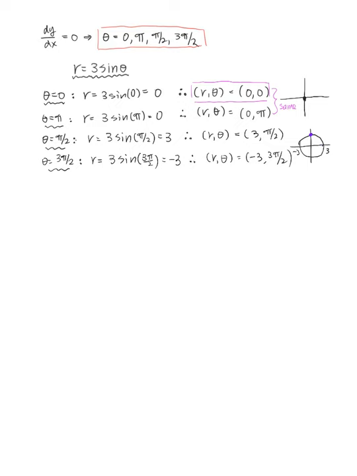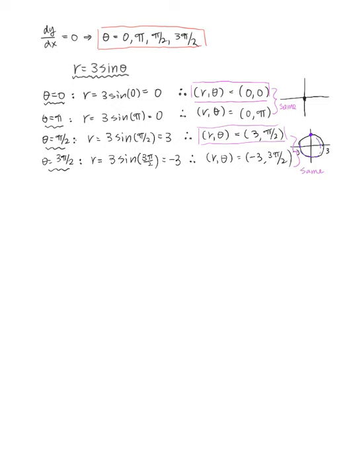Now, negative 3 comma 3 pi over 2. If I start from negative 3, go 3 pi over 2, do you see that I'm going to end up at the same point? So here, these 2 points are exactly the same. So again, we just need to take one of the representatives. I'm going to take the nicer looking one. To me, 3 comma pi over 2 is nicer looking than negative 3 comma 3 pi over 2.